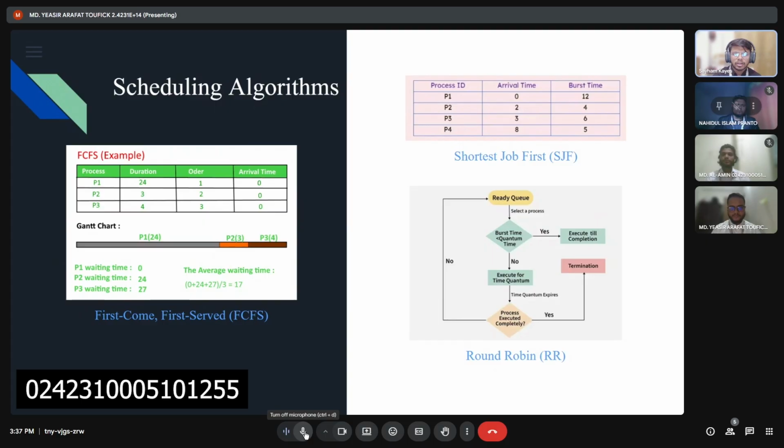Now let's talk about our main algorithm, the important one, round robin. Finally, round robin is the algorithm designed specifically for time-sharing systems where responsiveness is key. It's preemptive and based on FCFS. Here, a small unit of time called the time quantum is defined.